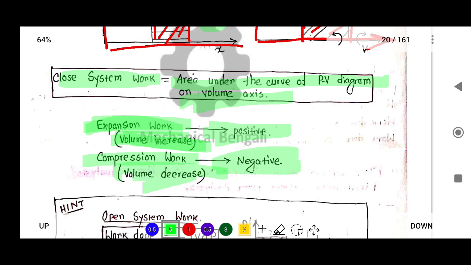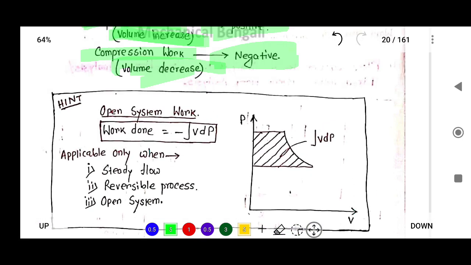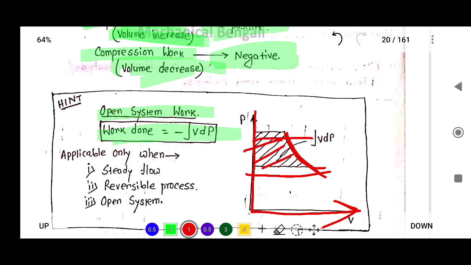Now for an open system, the work is equal to minus integration V dP. If P is on the y-axis and V is on the x-axis, and this is any process, then for an open system the area under the curve on the pressure axis will give the work done.